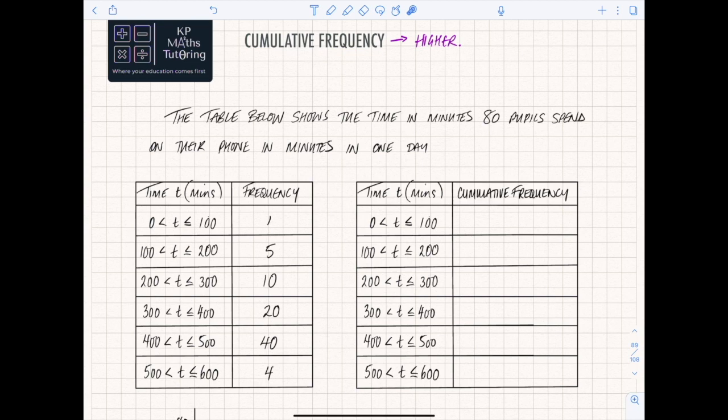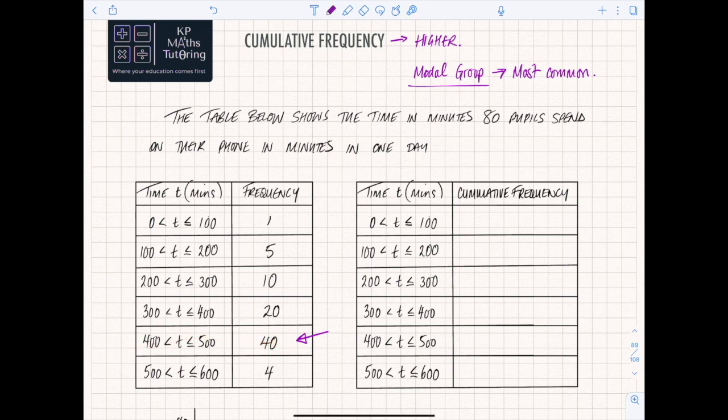So straight away from here, what we can actually start looking at is something called the modal group. Now, the modal group is just the most common. Okay, so which group is the most common, meaning which one shows up the most. Now, in this example, 40 is the highest number. So there are 40 people that are in this group.